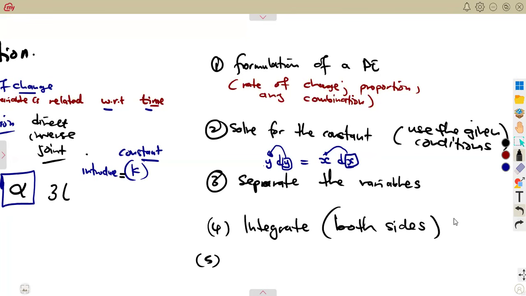On integration, you're going to have the constant of integration. There was a constant that we had before; this one is the constant of integration. Remember your integration, guys, there's a constant that is formed.